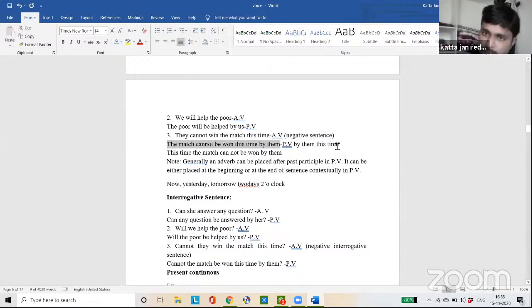The match cannot be won by them this time, or this time the match cannot be won by them. So there are three possible ways when an adverb that indicates time can be used like this.